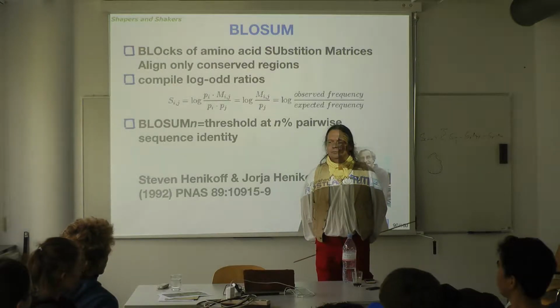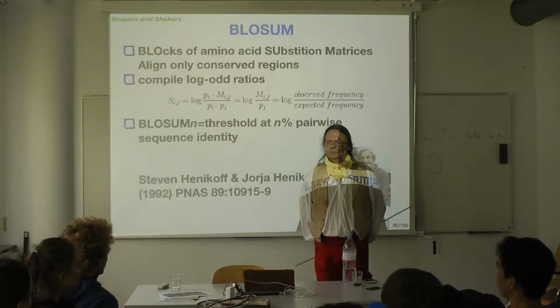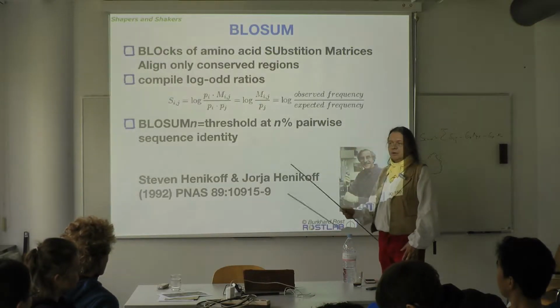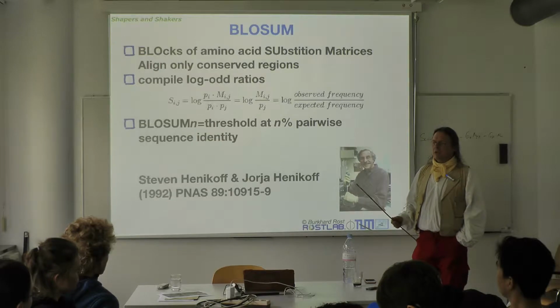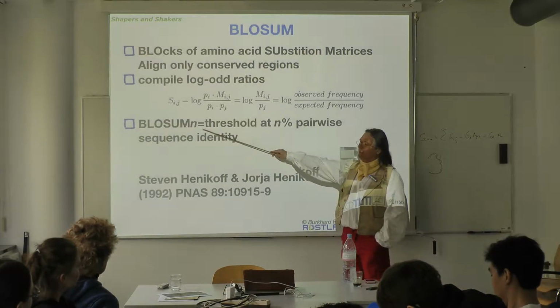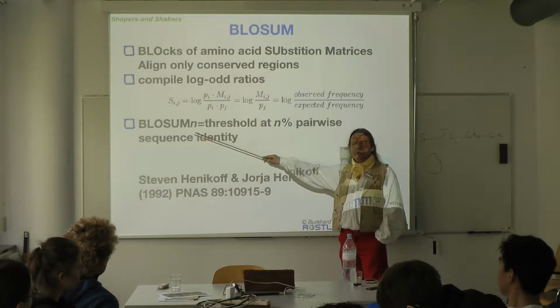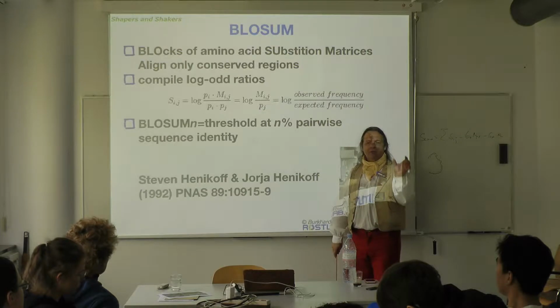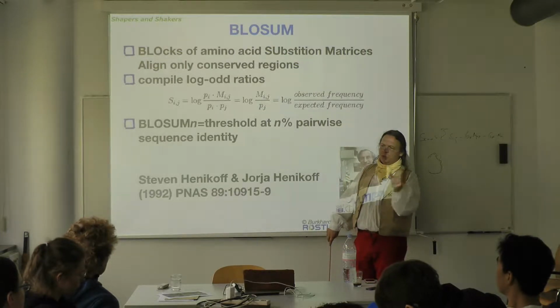If you take proteins of organisms of which you know that they are evolutionarily close, so you take mouse and chimpanzee or something like that, and then you simply look at all the corresponding proteins, and for all of those you look at the changes. The BLOSUM matrices come with numbers. 62 is what I'm going to show you on the next slide, where n essentially is the cutoff in sequence identity for what you consider.